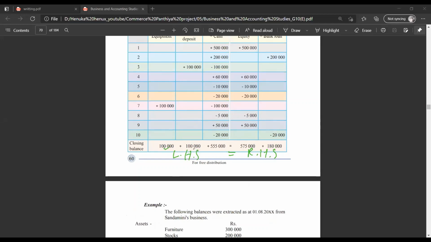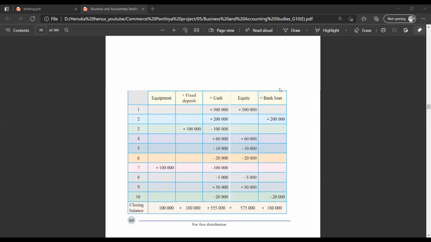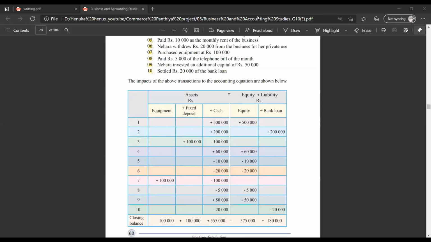If you take the sum of this, here it is 655,000, 755,000. Right? Here also we will definitely get the same amount, right? Then the impacts, right? If you match the impacts of the transactions correctly, like I said, your equation will definitely balance.